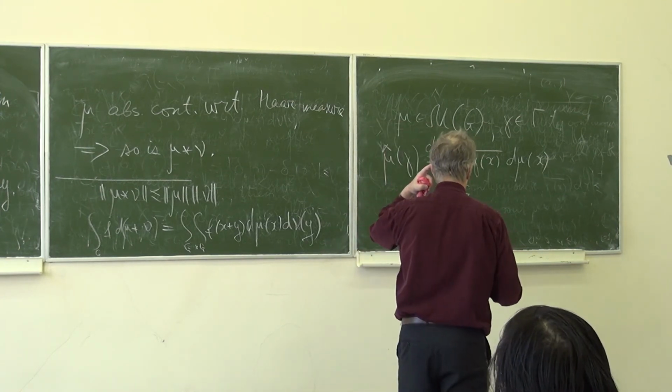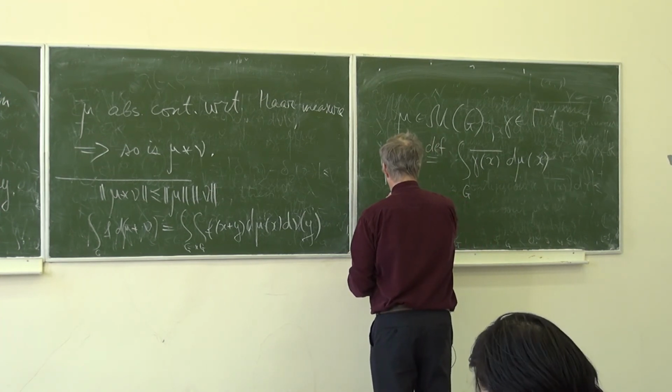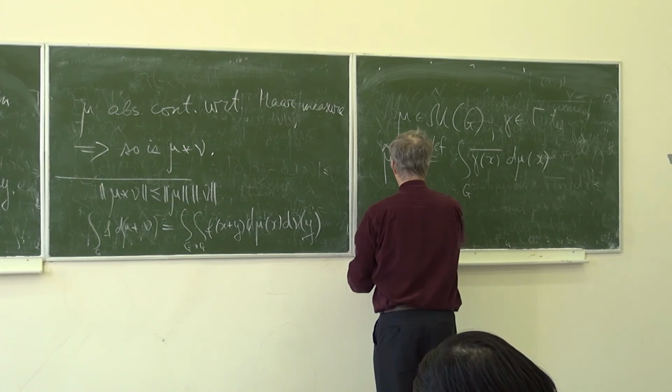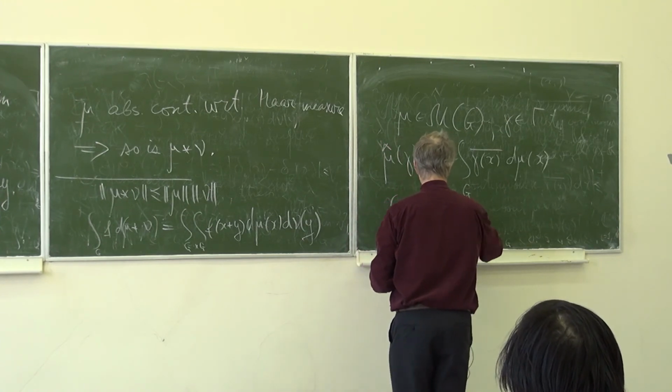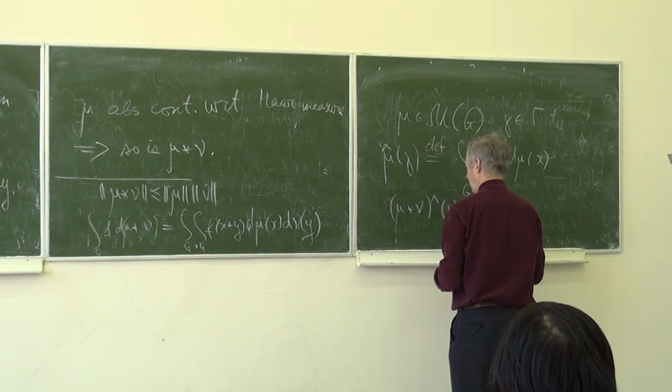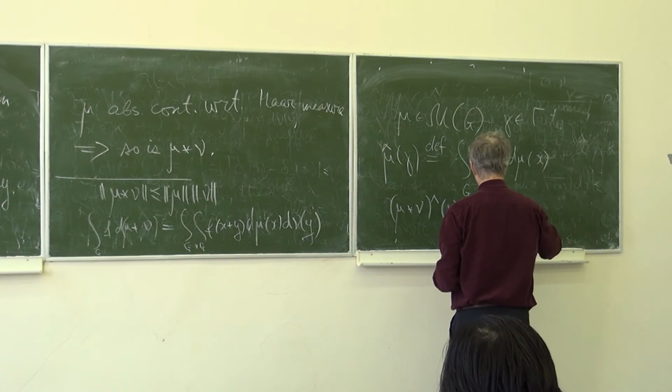And what else? Here again, the Fourier transform of a convolution is equal to the product of Fourier transforms.